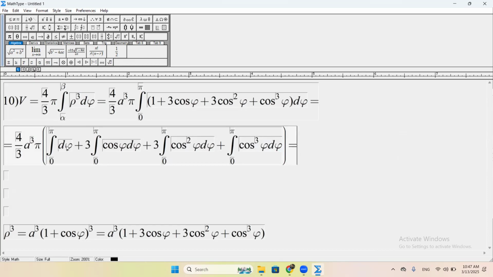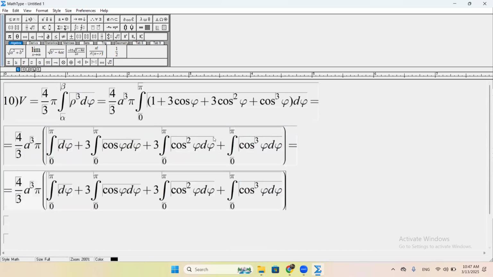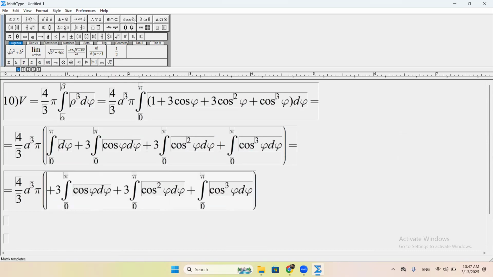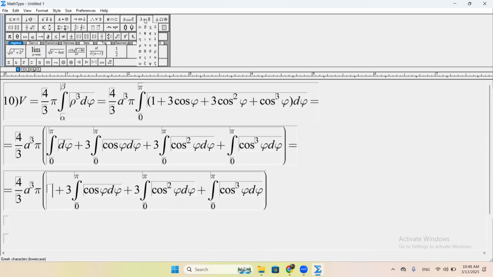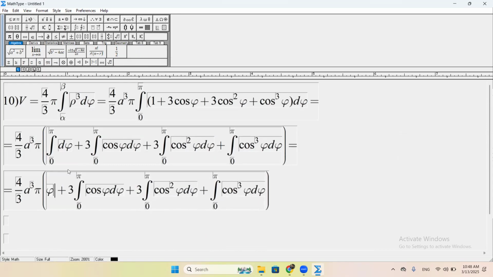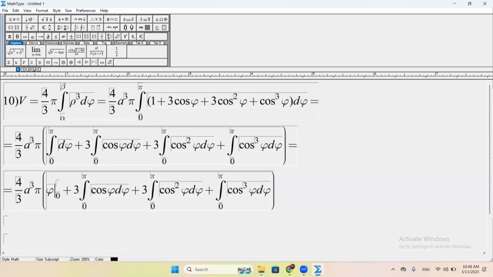So this integral will be p, with the substitutions from 0 to p. Let me also write it in detail.